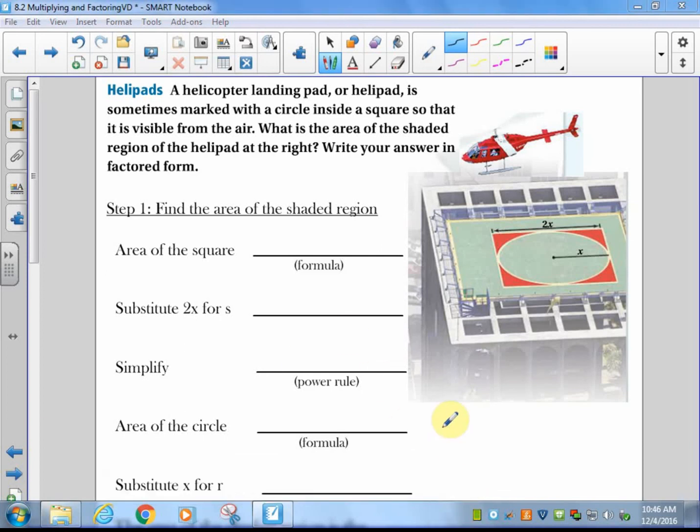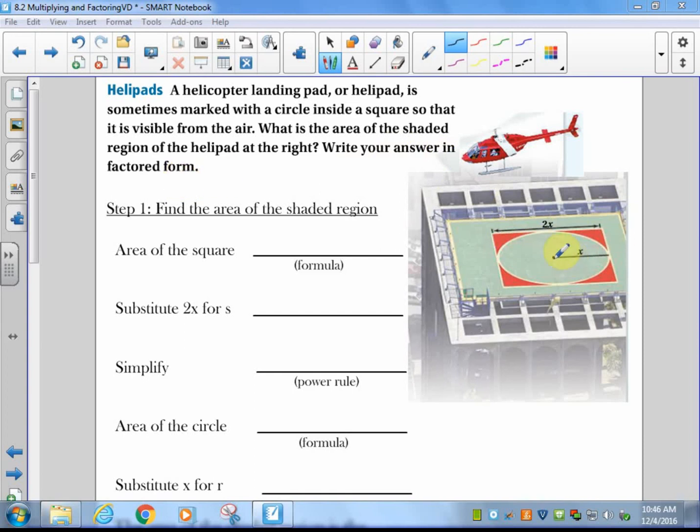A helicopter landing pad, or helipad, is sometimes marked with a circle inside of a square so that it's visible from the air. We want to find the area of the shaded region of the helipad, and they want us to write our answer in factored form.